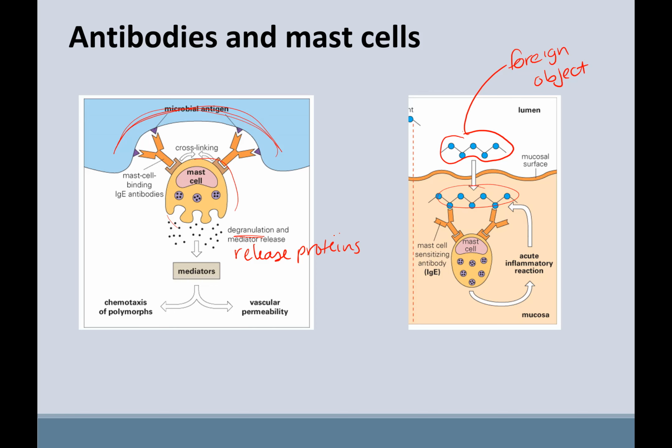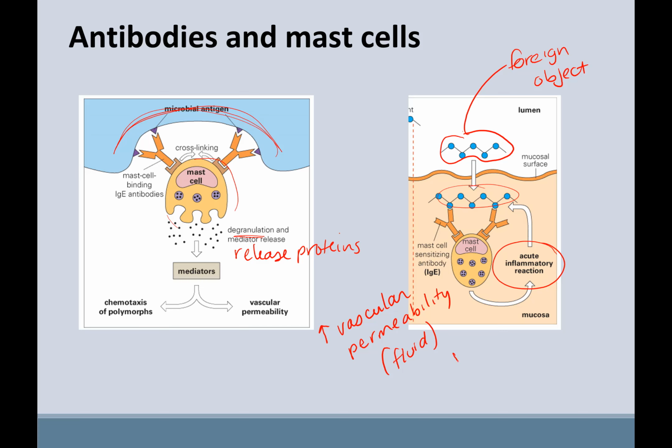What's happening when mast cells release these proteins is you get inflammation. Okay? So inflammation is you increase what we call vascular permeability. So you get more fluid flowing. Okay.